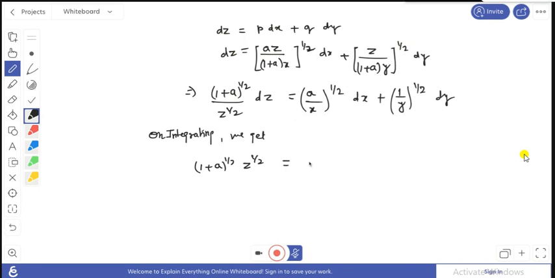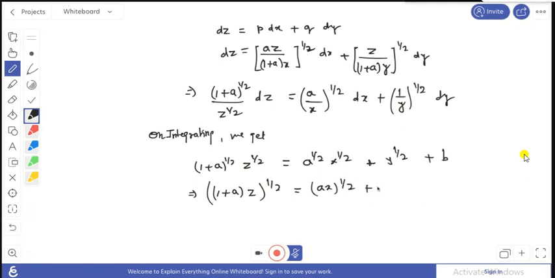So this equals a to the power half x to the power half into 2. Okay, and here this is y to the power half into 2. This is the y to the power half. Okay, and plus some integration constant b. So this implies 1 plus a of z to the power half equals a x to the power half plus y to the power half plus b. Okay, so this is the complete इंटीग्रल.